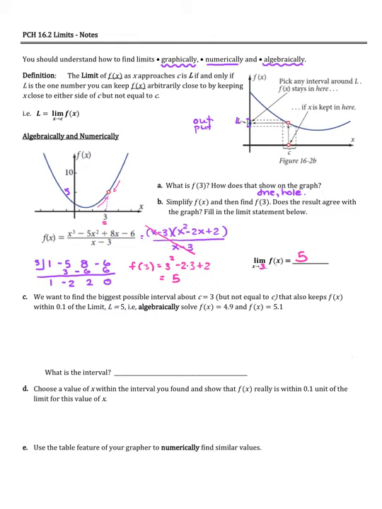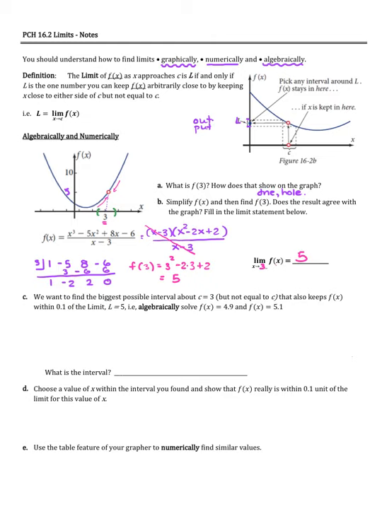Now what we're going to do is talk about that boundary of error that is allowed. So we want to find the biggest possible interval around c equals 3, but not equal to c because that would make my denominator 0.